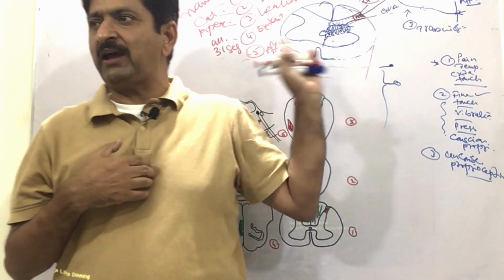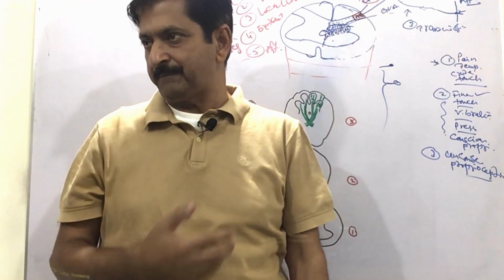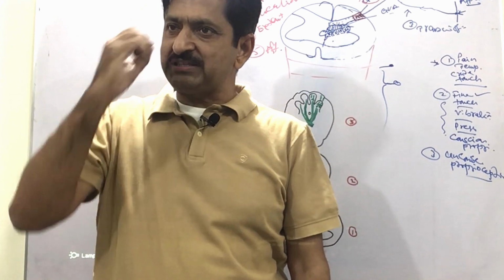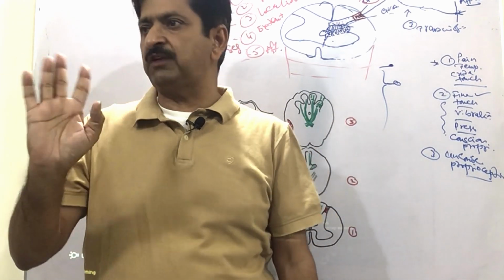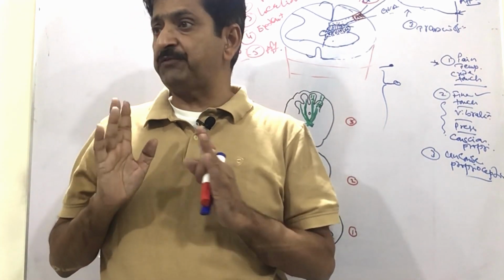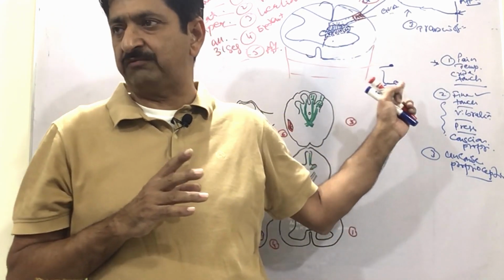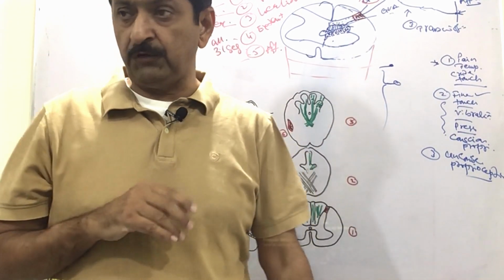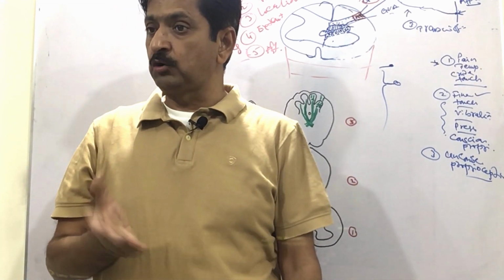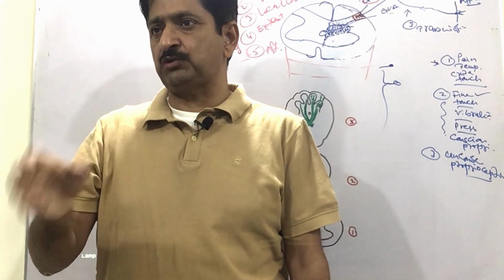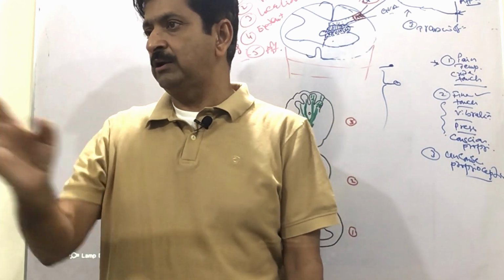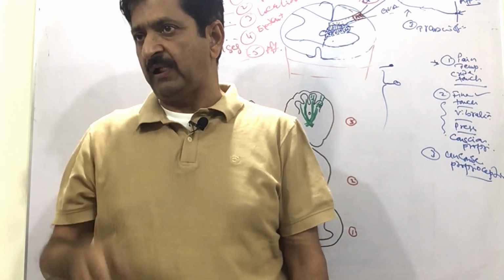The spinal cord will not have any perception capability. How much intensity is there, the spinal cord will never give you perception, that capacity does not lie with the spinal cord. If you cut the tracts here, no matter how strong the stimulus is that is going and informing your spinal cord, you will not feel pain at all.